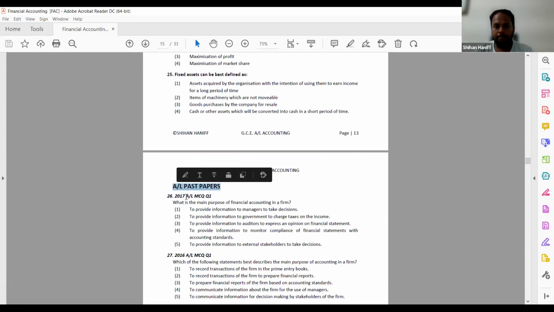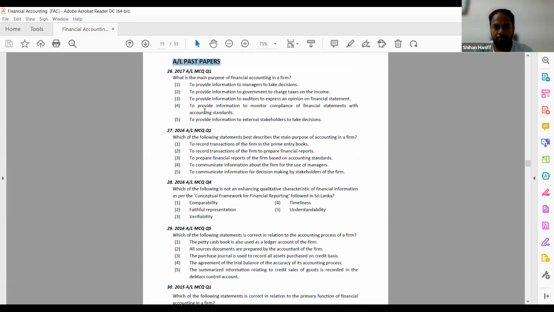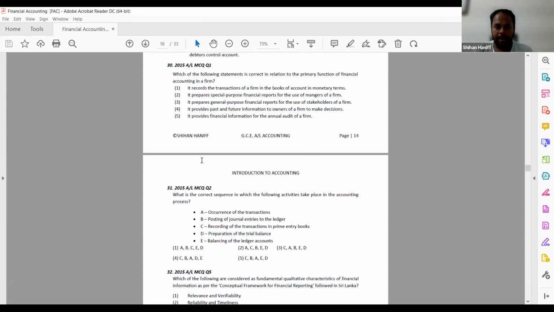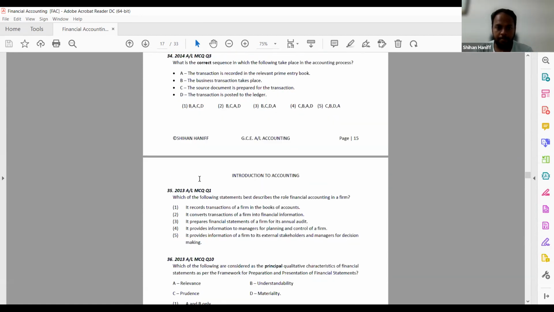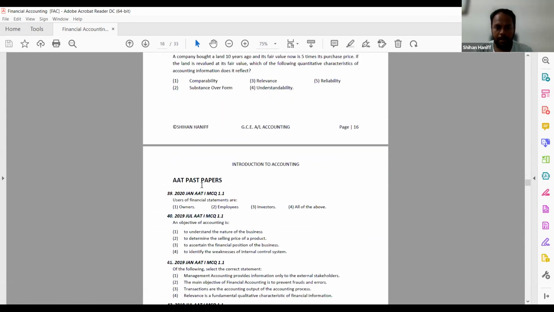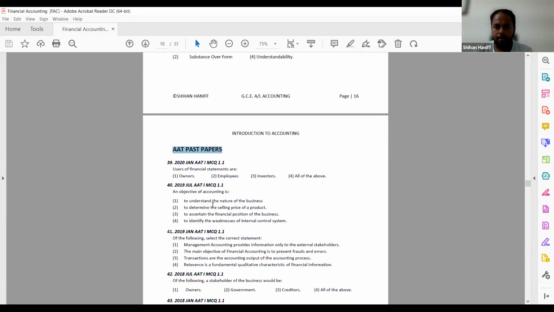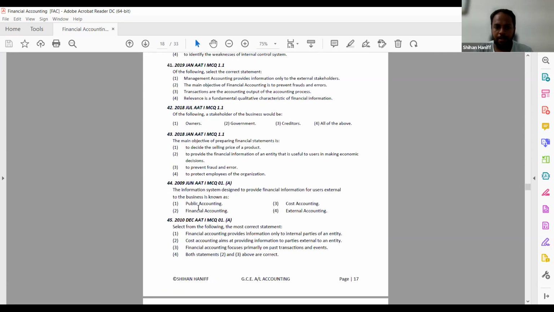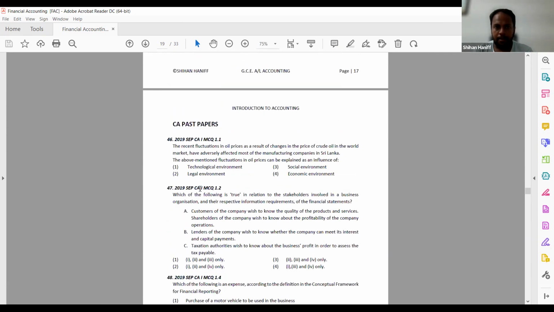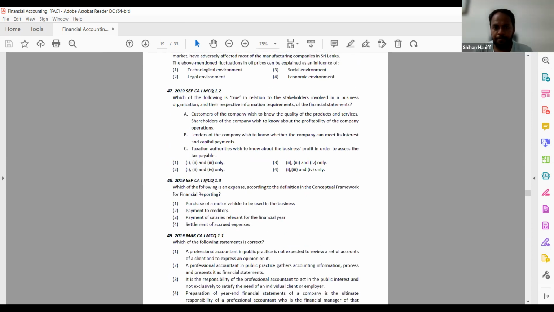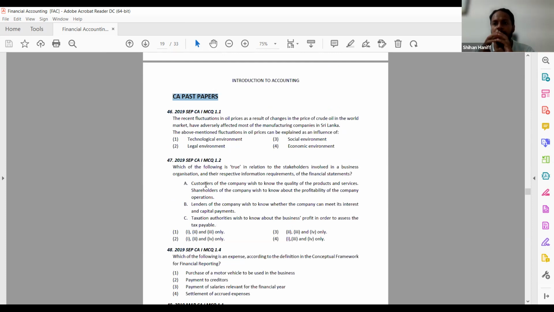These questions are from A level papers. AAT past papers also have a lot of questions from introduction to accounting, need of accounting. Then I've taken from chartered past papers, so you will have an overall understanding.